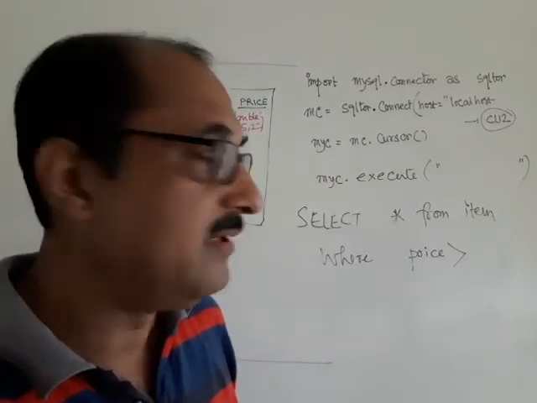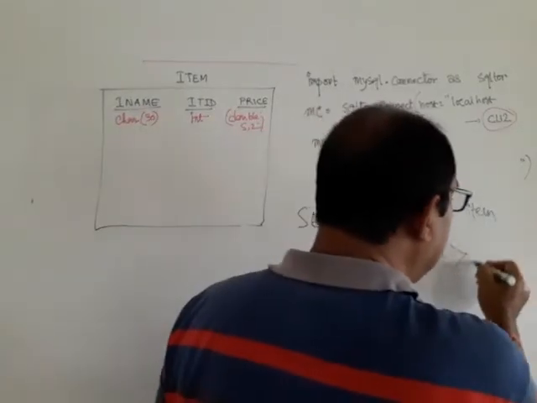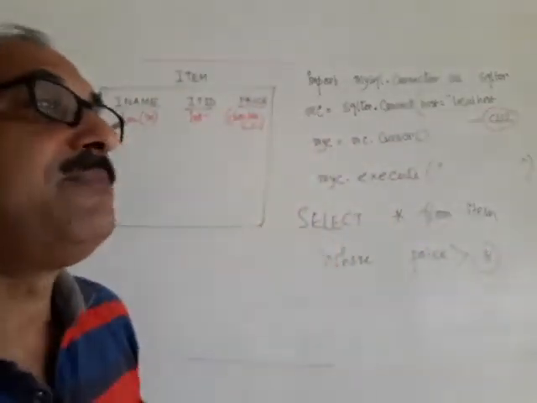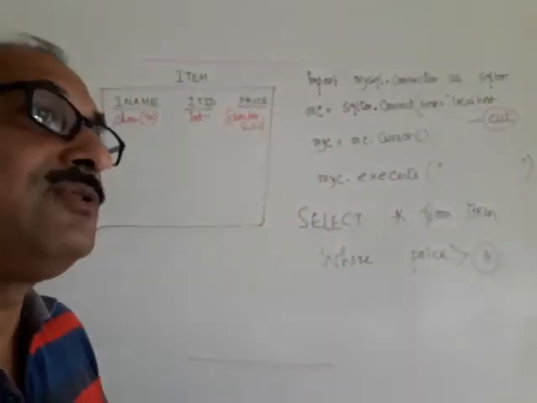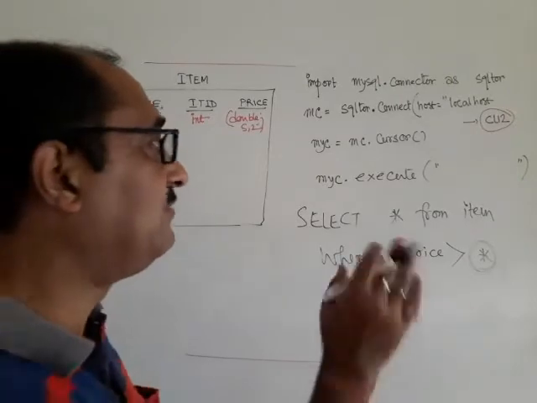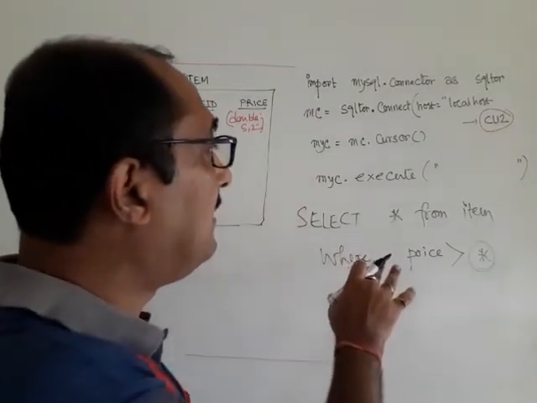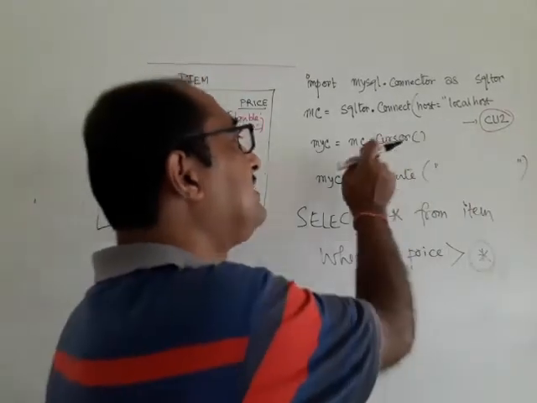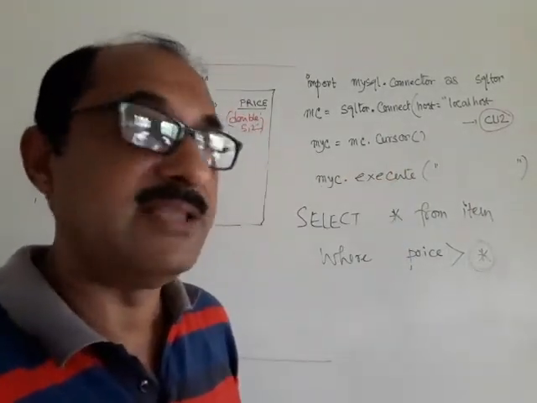It depends on him. So this part, don't you think we could have left it to the user? So this is what is called a parameterized query. We will see how through a parameter we can pass the value into a SQL command, and that SQL command will be executed further from the Python program.